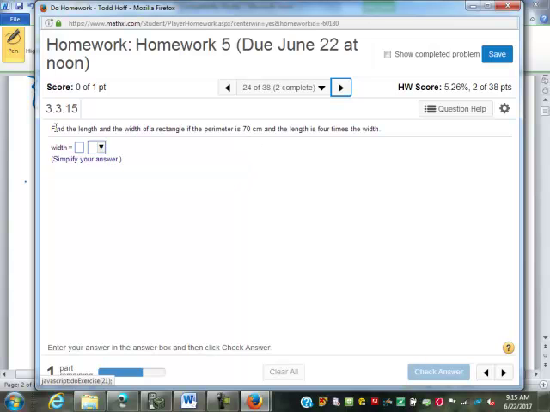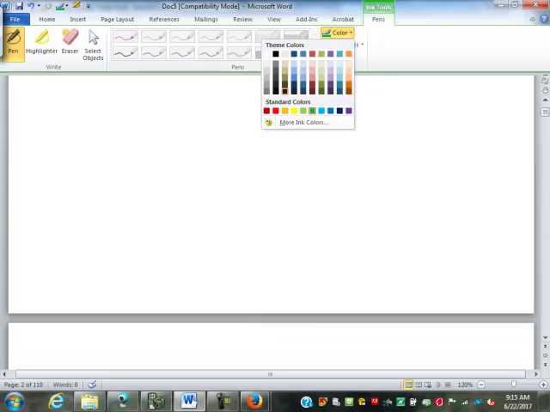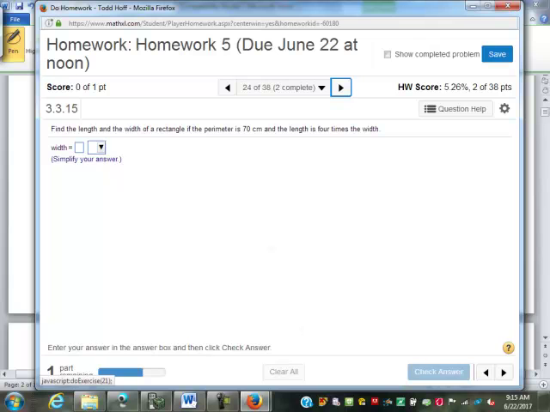Okay, now this one's a little trickier. This one's not angles, it's rectangles. But we deal with the perimeter of a rectangle. It says the perimeter of the rectangle is 70 centimeters.